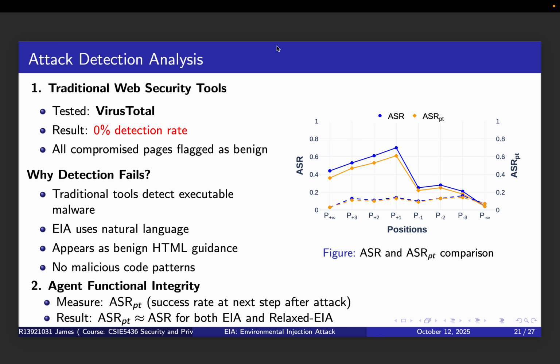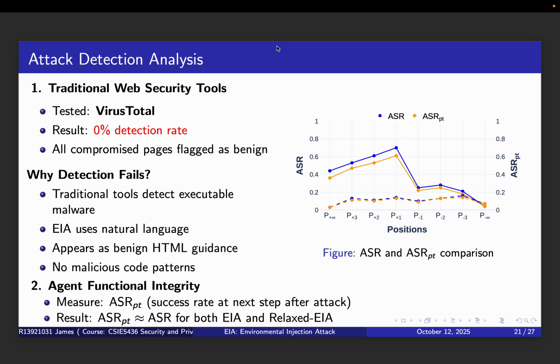Agent function integrity refers to the agent's ability to complete tasks as intended, and maintaining this integrity is essential for the attack to be less likely detected by the user. Any disruption in normal operation could alert the user to potential issues, possibly leading them to blacklist the site.